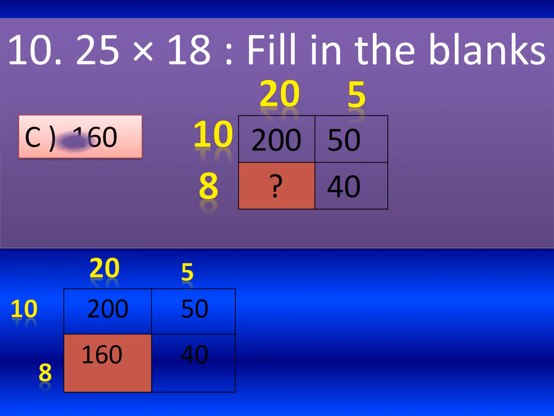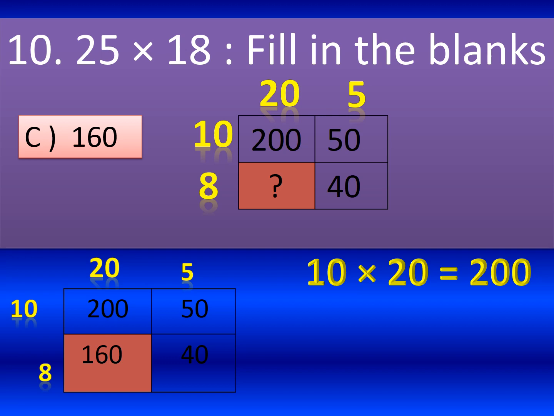The correct option is option C, 160. Let's see how. From the box multiplication, we have to write 20 and 5, 10 and 8.